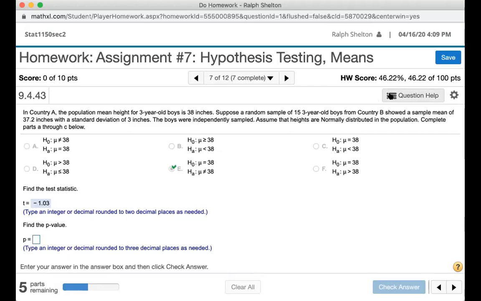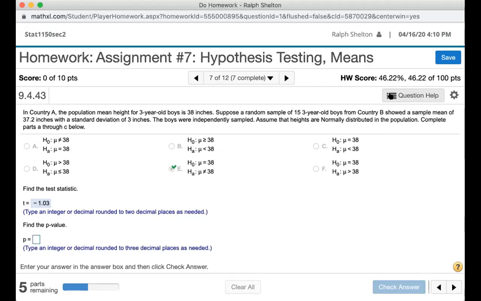It says, what's the p-value for that? So that's asking, what's the probability that we'll get a value equal to minus 1.03 or more extreme than that, which means further away from the mean, further away from the null than this is, okay?